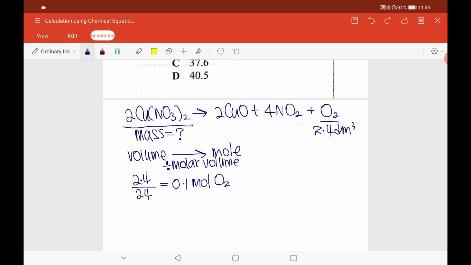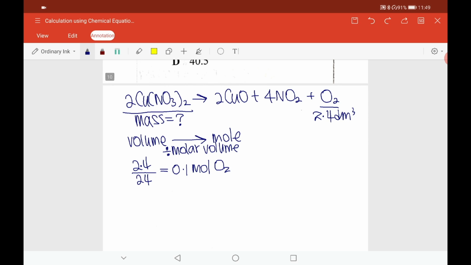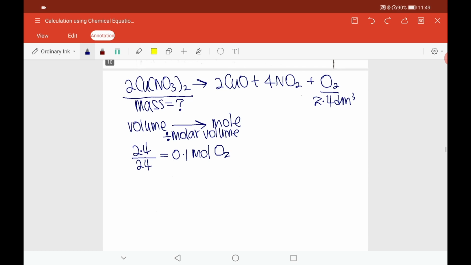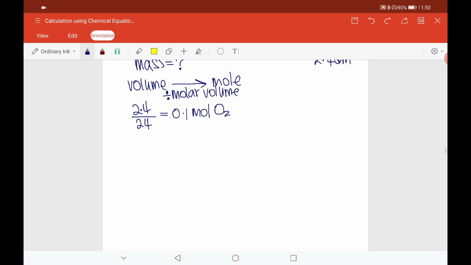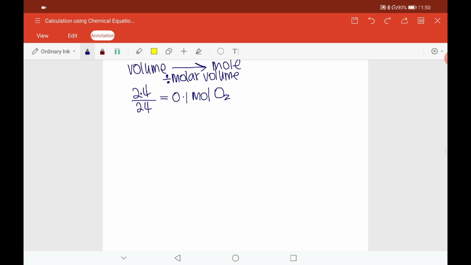When we know the mole of oxygen, how do we find the mole of another substance, the copper nitrate? Same thing in chemistry, when we know the mole of one substance, to find the mole of another substance, we refer to ratio. So let me write it down.